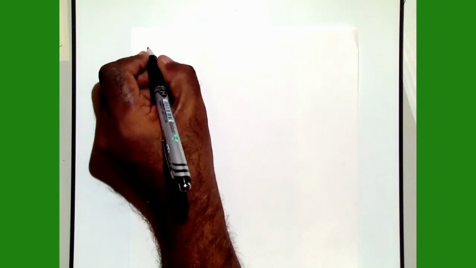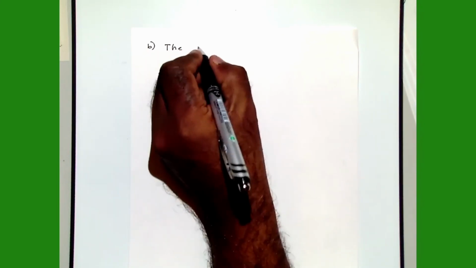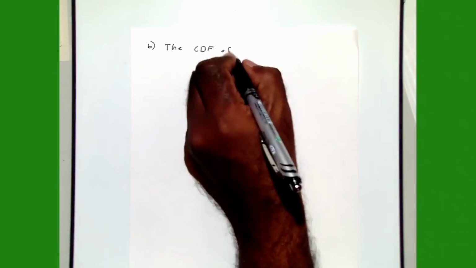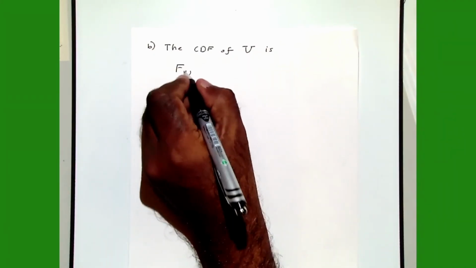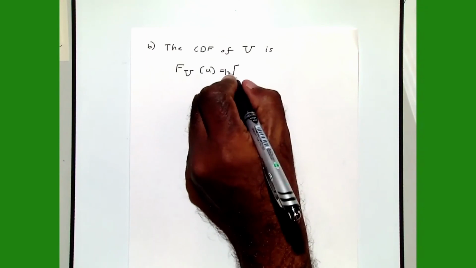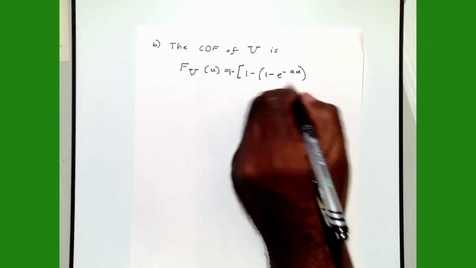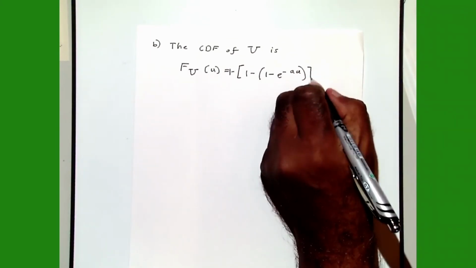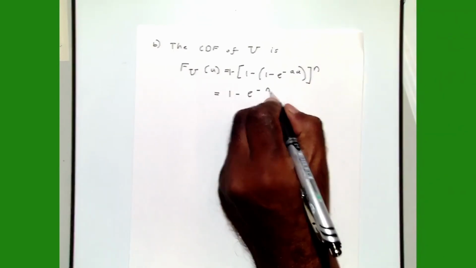Now for variable B and C, here we are. For variable B, which is the minimum portfolio loss, the CDF of U is, using this formula that I gave you 2 or 3 slides ago, this is what you will get. 1 minus 1 minus 1 minus e to the minus, this is the CDF of an exponential random variable, right? So if you simplify this, this becomes, right?